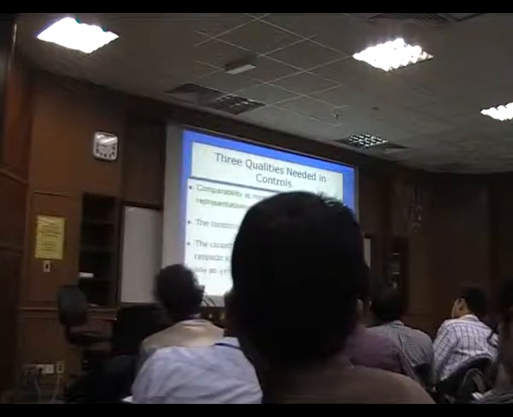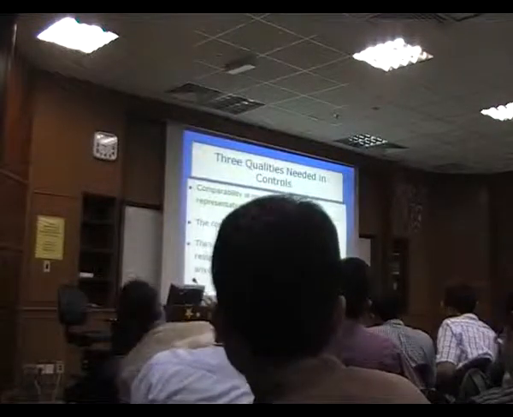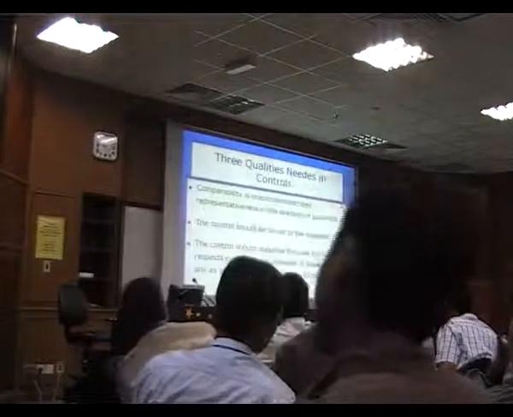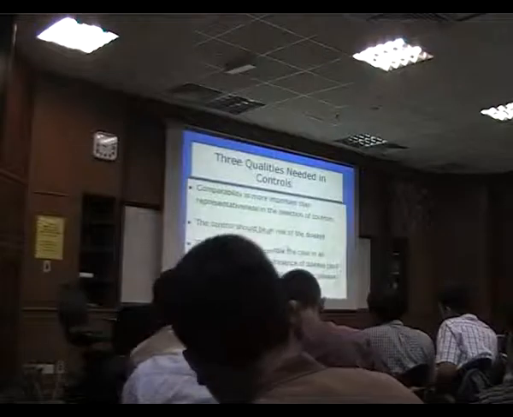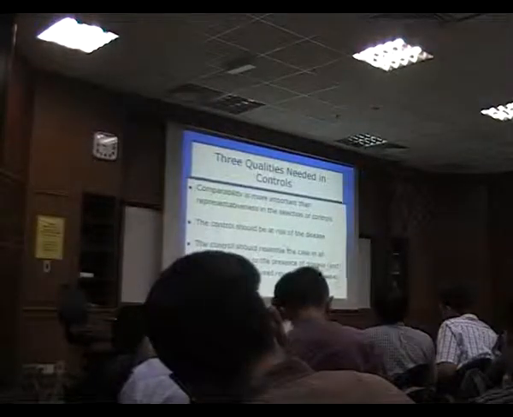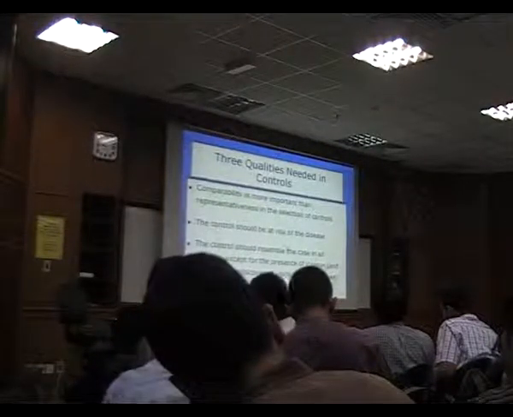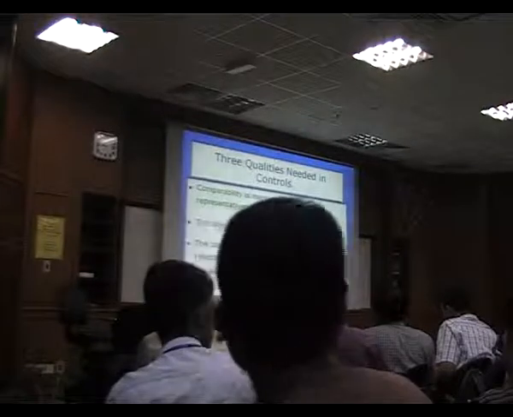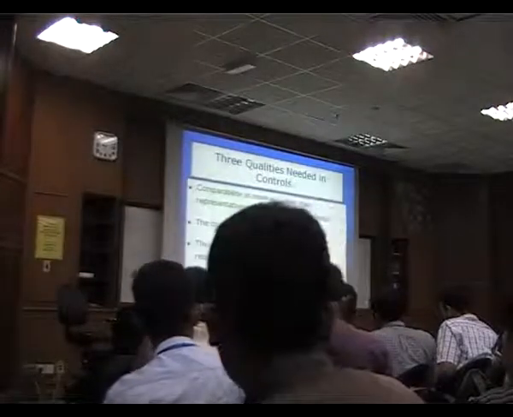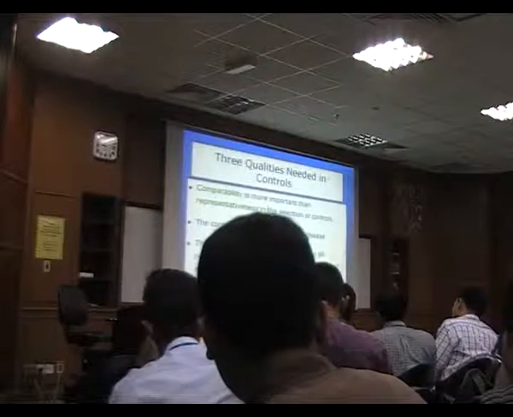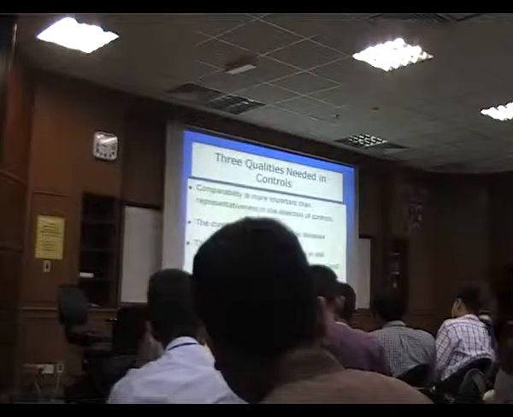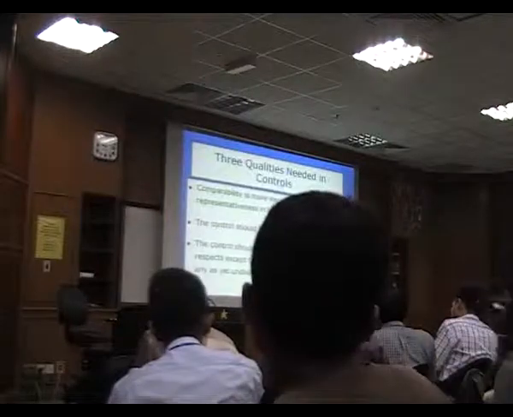Comparability means if you select cases from hospital, you have to select controls also from the hospital. You might think you can select them from the population because your control is without the particular disease. You cannot do that, because you are selecting your cases from the hospital. So you have to select the non-cases from the hospital also.